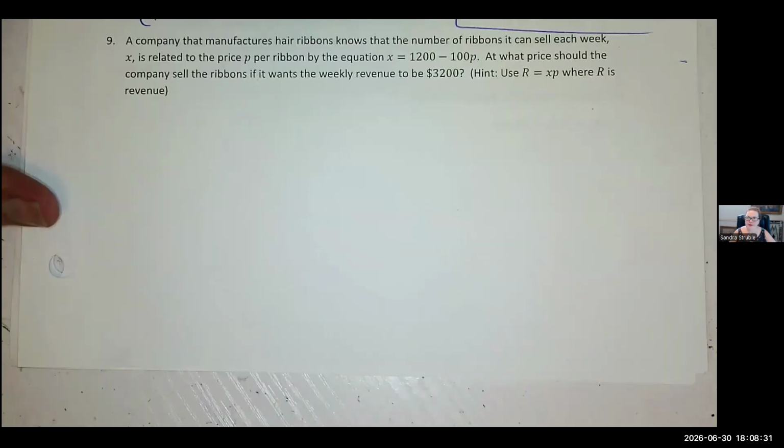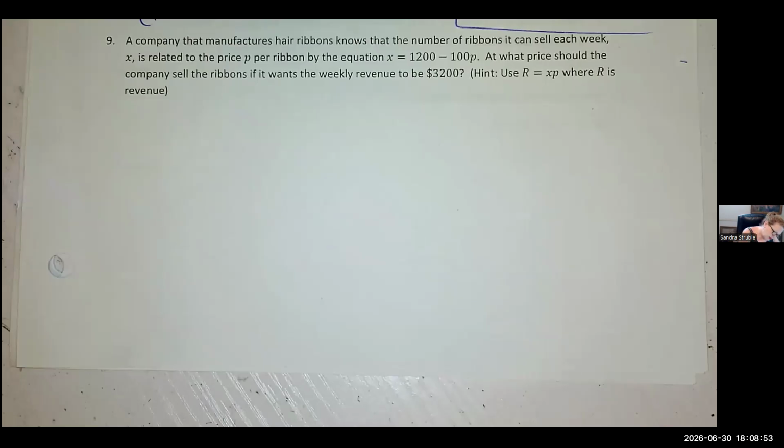Okay, a company that manufactures hair ribbons knows that the number of ribbons it can sell each week, x, is related to the price P per ribbon by the equation x equals 1200 minus 100P. So before I go any further, I want to refer to what these are.